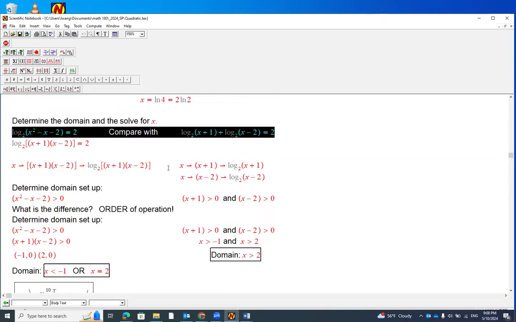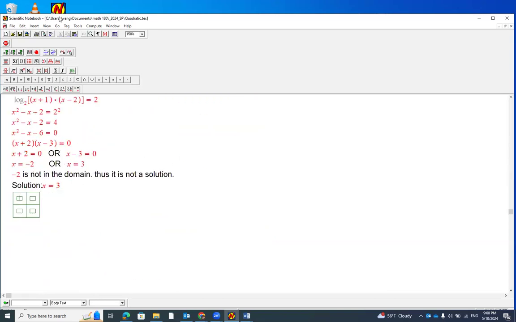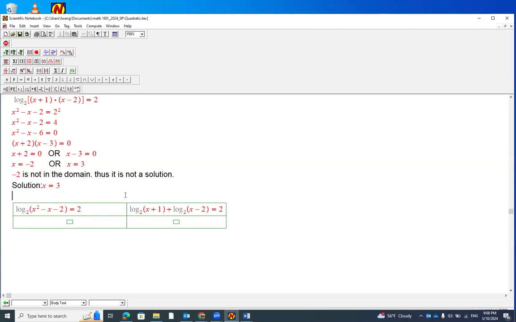These are two different questions, don't get me wrong. I'm going to put this on this side. These are two different questions.